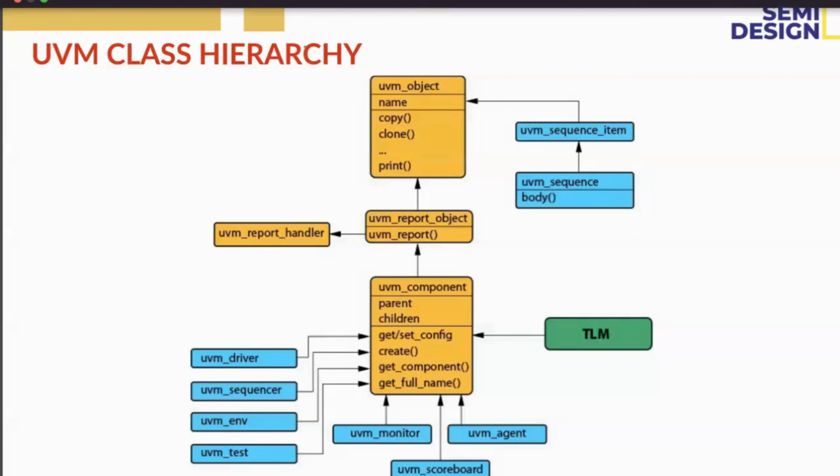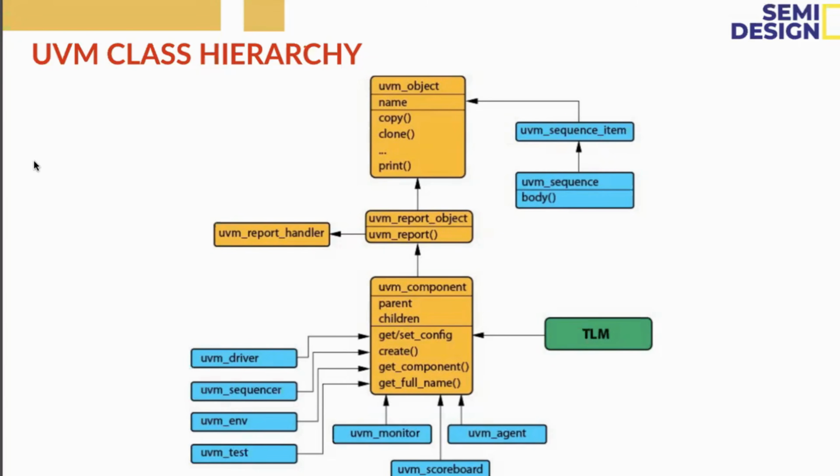Okay. Can you tell me what is the need of TLM? TLM is for communication. What communication? Where do we need to communicate between blocks? Between the components. Then where should it be connected? It should be connected to components. That's why.